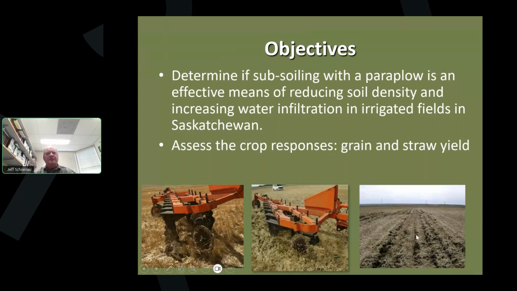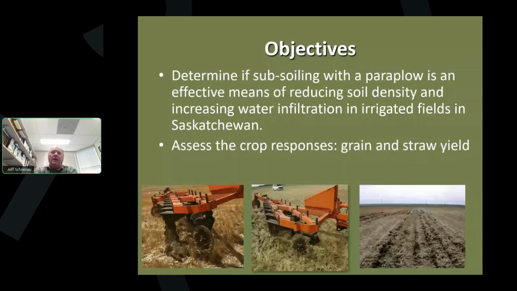This is very different than deep ripping. Deep ripping refers to the process where the soil is almost turned over, and soil from depth is brought up, and there's a fair bit of disturbance. In this case, subsoiling would be a relatively minimal disturbance type of operation, with the main effect being a lifting at the depth at which those shares operate.